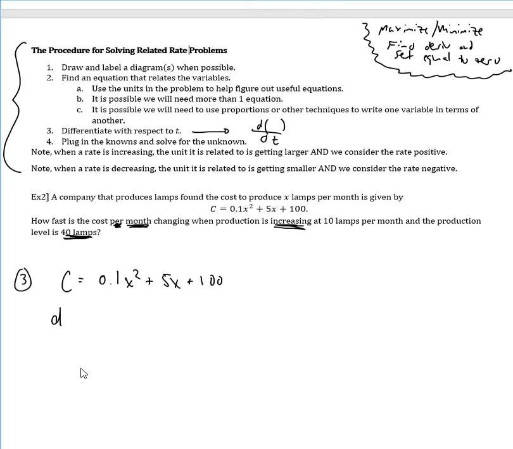So the derivative of the cost would be dC/dt, the derivative of cost with respect to time, is equal to, power rule tells me that this is 0.2x, and again, attach dx/dt to it. So we're doing it with respect to time. And then plus 5 dx/dt for the second one. And then the derivative of 100 would be 0. So this is our cost function derivative with respect to time.